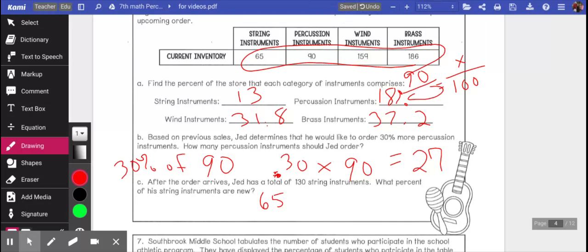So 130 minus 65 is 65. So what percent of his string instruments are new? 50% of them.